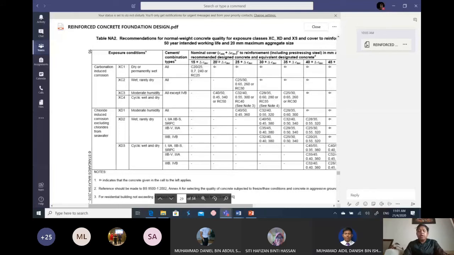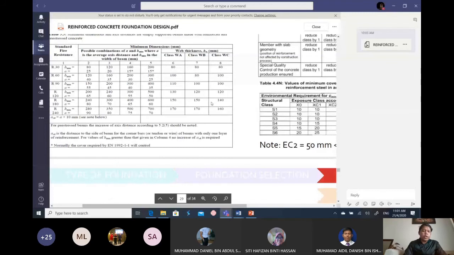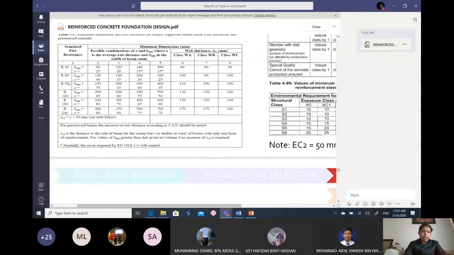So untuk fire resistant, kita kena check juga daripada table ni, either it fulfills the requirement tak. Contohnya kalau fire resistant kita 1 hour here, kita punya C minimum is quite big here, contohnya 35.